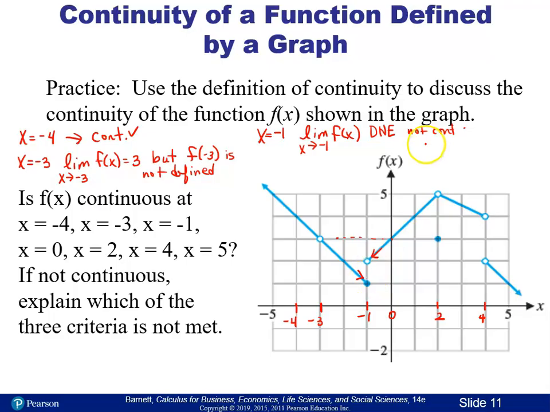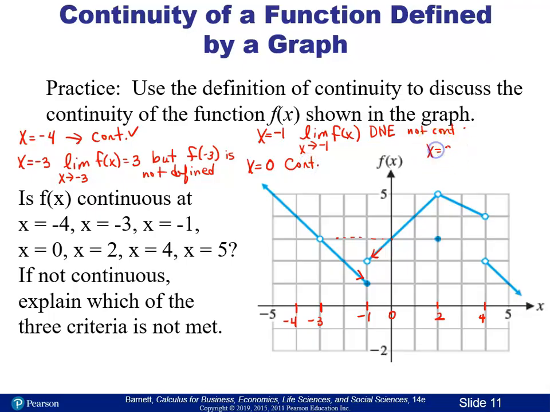So it already fails at the first step, and you only need one failure of a step to say it's not continuous. The next one we looked at was 0. At 0, we don't have any breaks or anything of that nature. So at 0, it is going to be continuous.